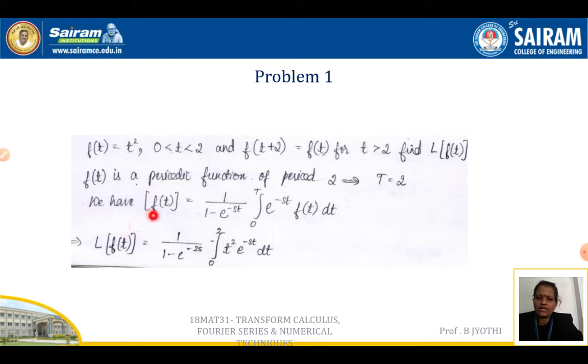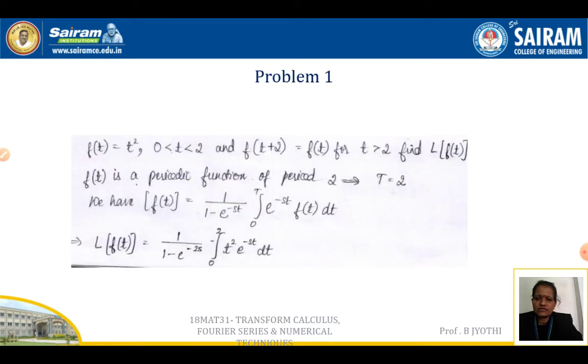Now we have L of f of t equals 1 upon 1 minus e power minus sT, integral 0 to capital T of e power minus st f of t dt.